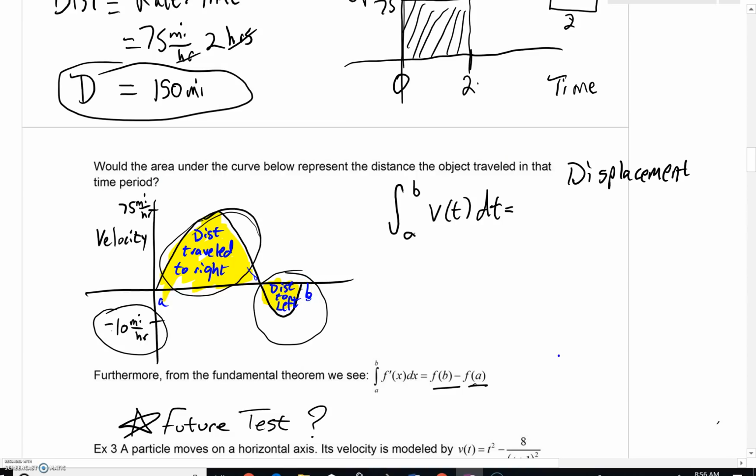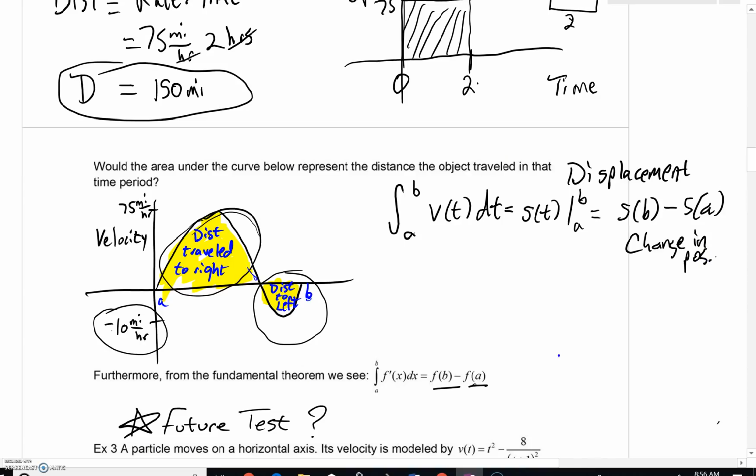And whatever answer you have, whether it's positive or negative, that would indicate that you're traveling more to the right or more towards the left at the end. But look, from the fundamental theorem of calculus, we talked about this before. If we took an antiderivative, this would be s of b minus s of a. It's your change in position.